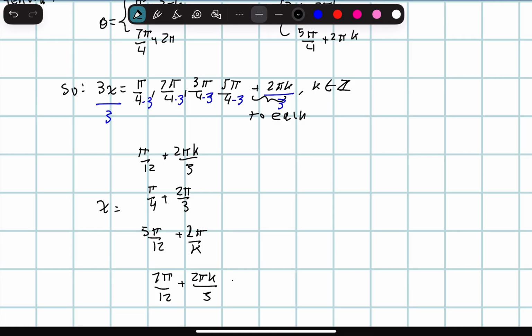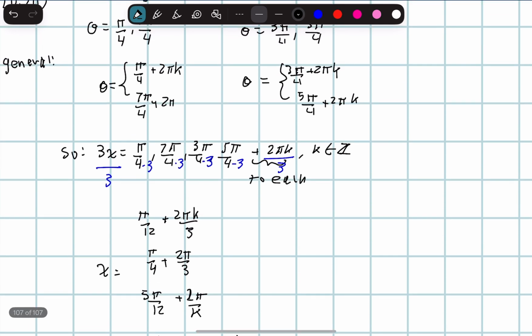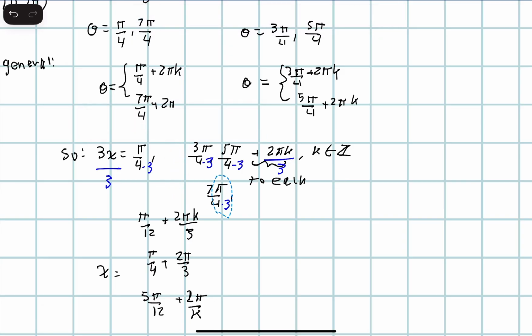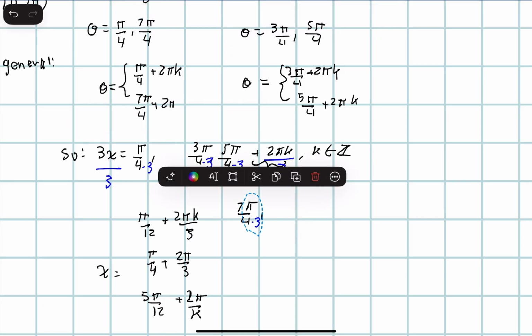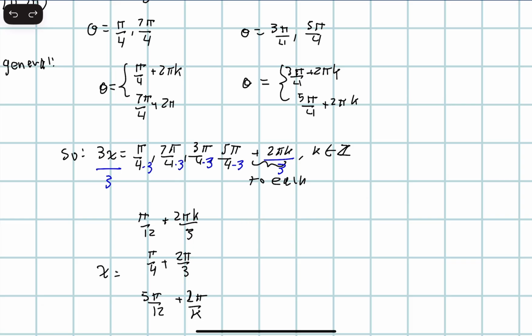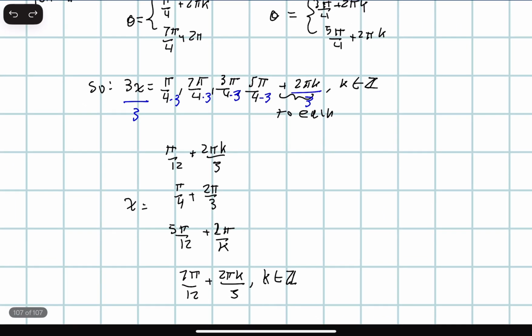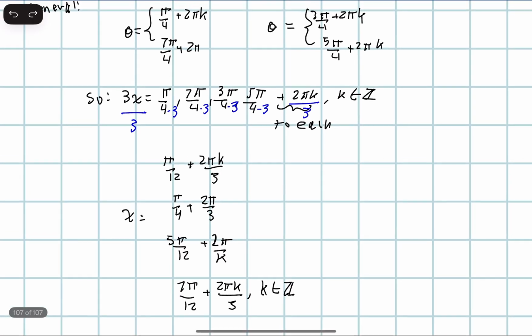And I also forgot: pi over 4, 7 pi over 4, 5 pi over 4, 3 pi over 4. I don't know why I did not put that one in order, but it's completely fine. Yeah, 7 pi over 4, and pi over 4.